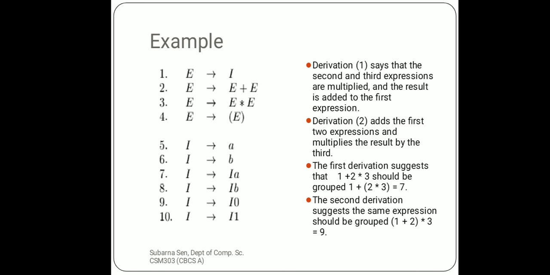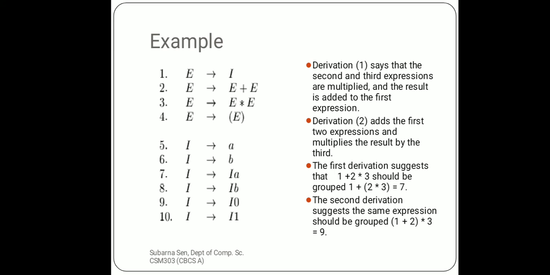Here just see, if our equation is like this, that is, first e is equal to 1, second e is equal to 2, and third e is equal to 3. If we follow the first one, firstly we are replacing e with e plus e, and then the second e with e star e.